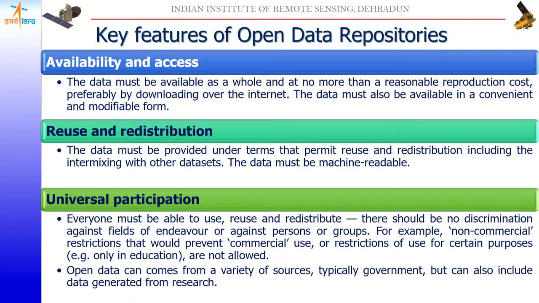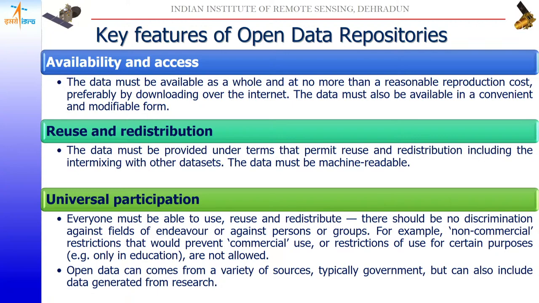For example, non-commercial restrictions that would prevent commercial use, or restrictions of use for a certain purpose like education, are not allowed. Now this open data comes from a variety of sources, typically from the government, but it also includes data generated from research. So these are a few key features of an open data repository.